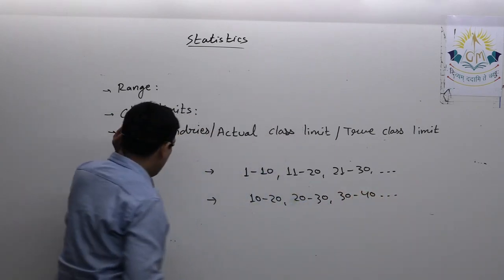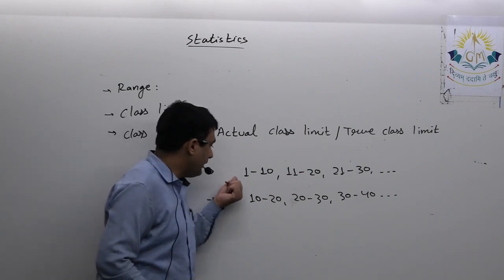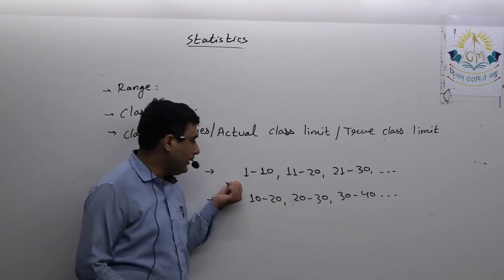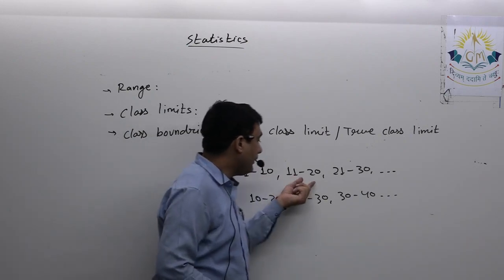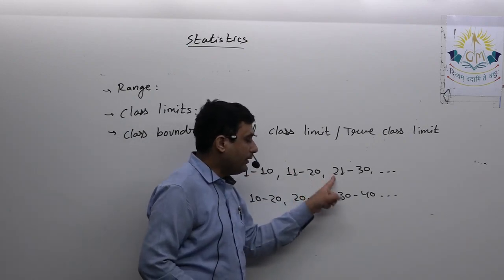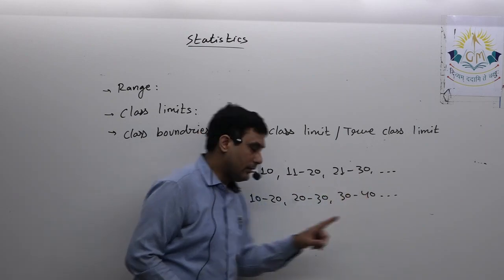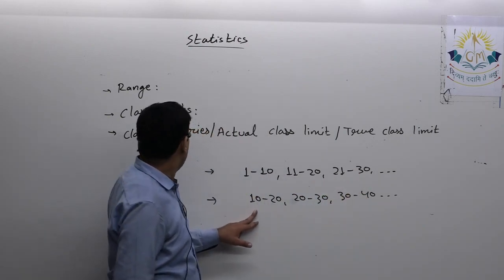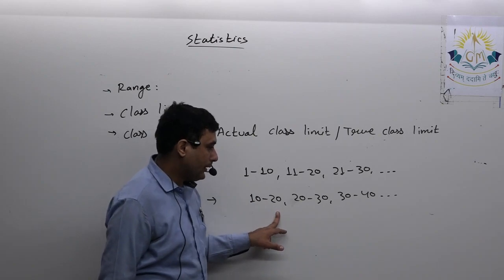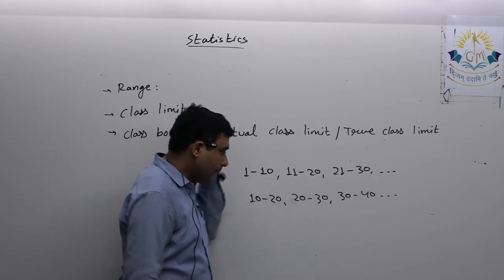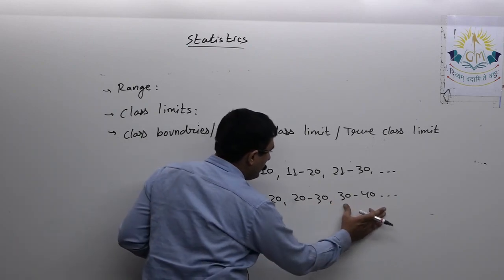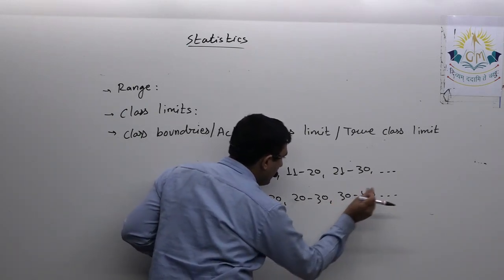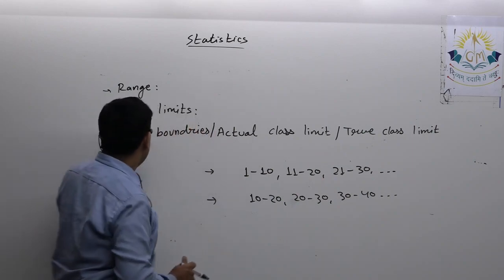If I talk about the class limits, in the first case 1 is the lower class limit, 10 is the upper class limit, 11 is the lower class limit, 20 is the upper class limit, 21 is the lower class limit, 30 is the upper class limit. Similarly over here, 10 is the lower class limit, 20 is the upper class limit. Here 20 is the lower class limit, 30 is the upper class limit for the second class. For the third class, 30 is the lower class limit, 40 is the upper class limit. So these are the class limits.